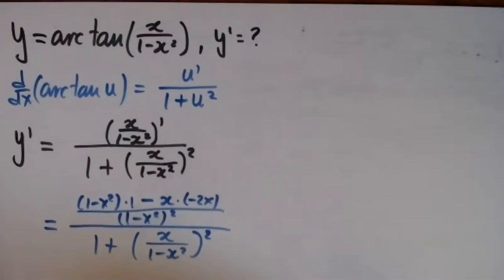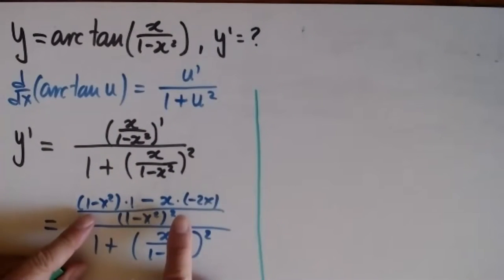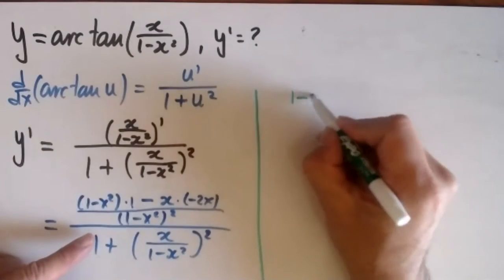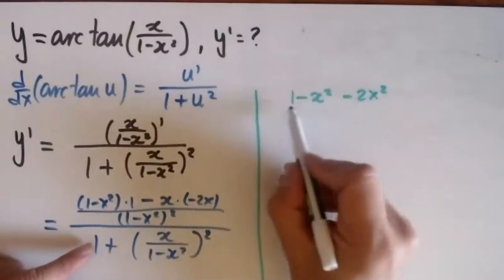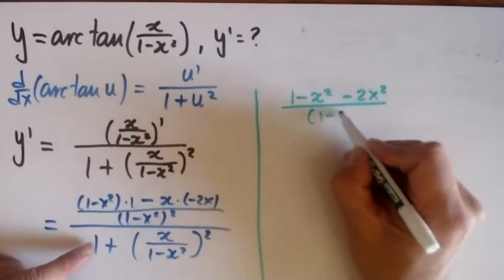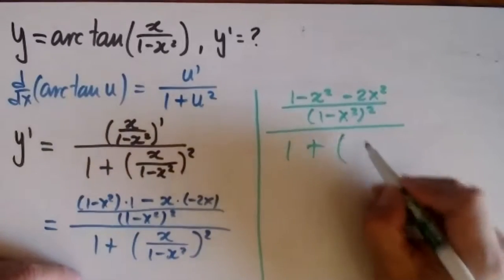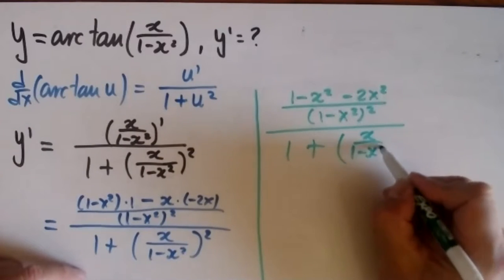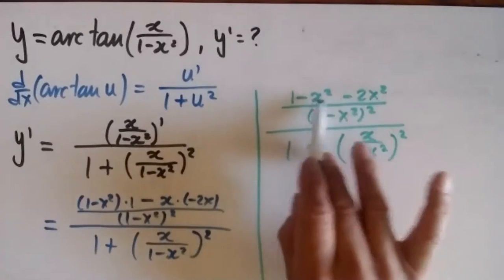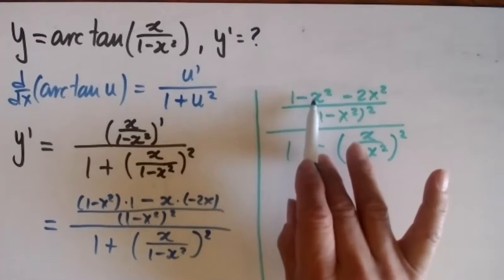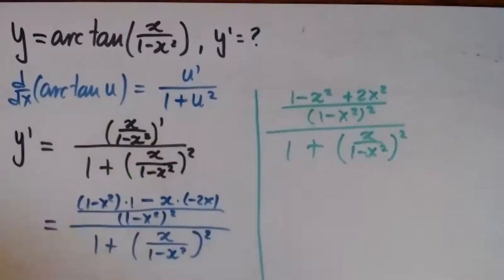Obviously, this expression looks weird, but we're going to simplify a little bit. So I'm going to do some algebra. I'm going to take this top, which is 1 minus x squared times 1 minus 2x squared, over 1 minus x squared, over 1 plus x over 1 minus x squared, everything squared, correct? Now at the top of this expression, I can put negative 2x squared minus, in this case it is plus really, because a negative times a negative is positive.